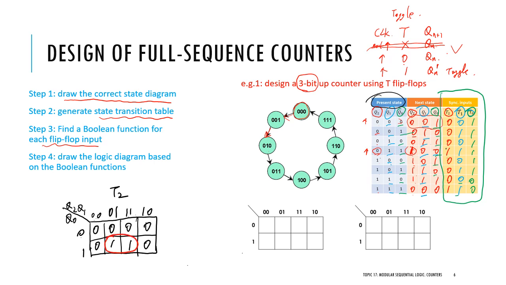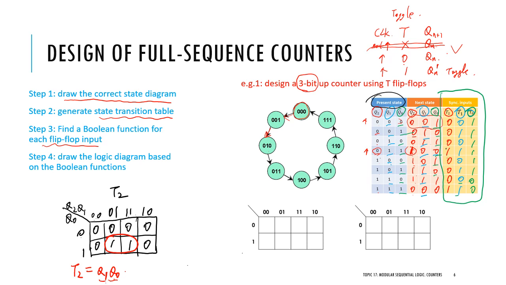We group them together. So T2 should equal to Q1 and Q0. So Q1, Q0 here stands for the current state for the flip-flop 1 and flip-flop 0. Okay, so you can see the T2 is determined by the output of these two flip-flops.